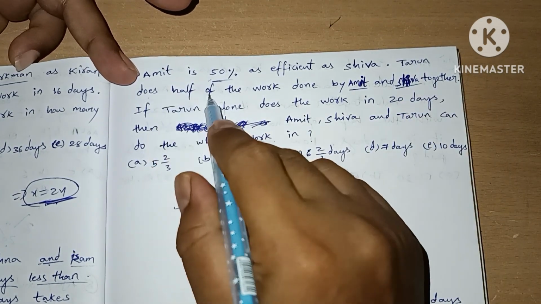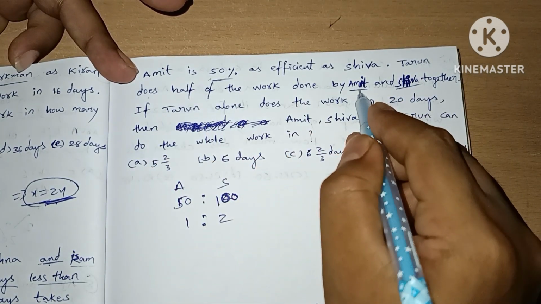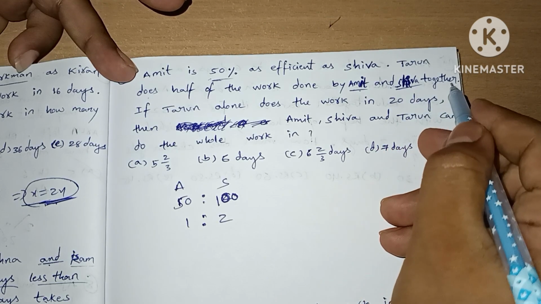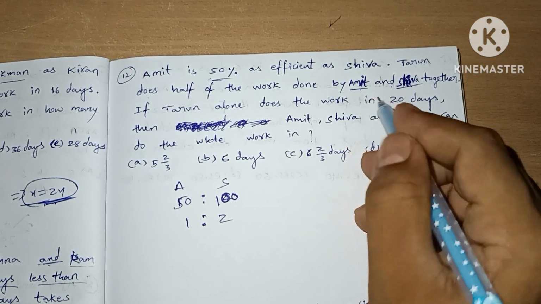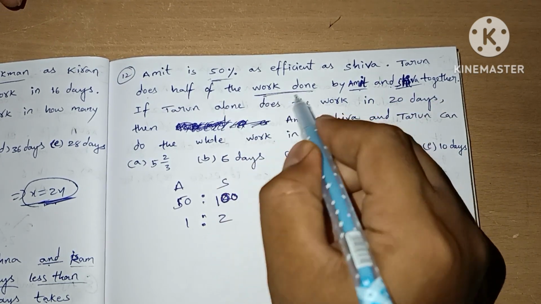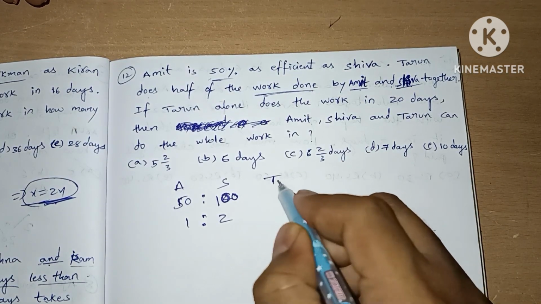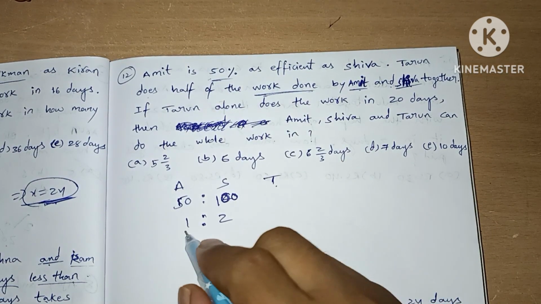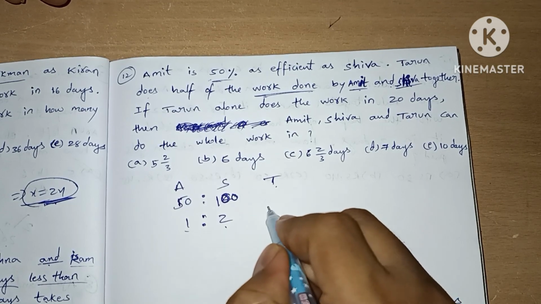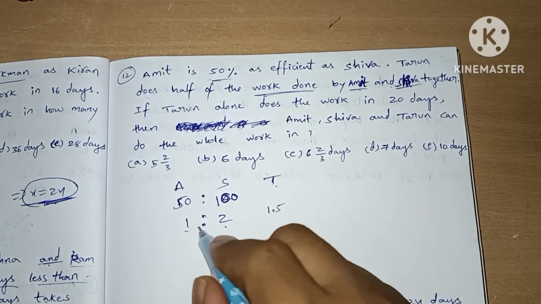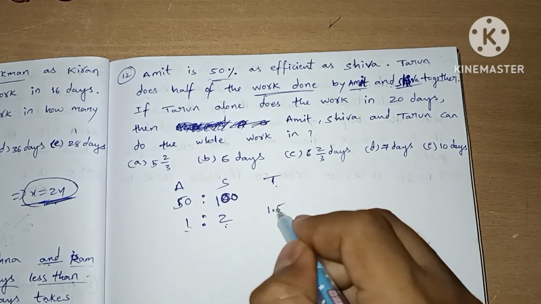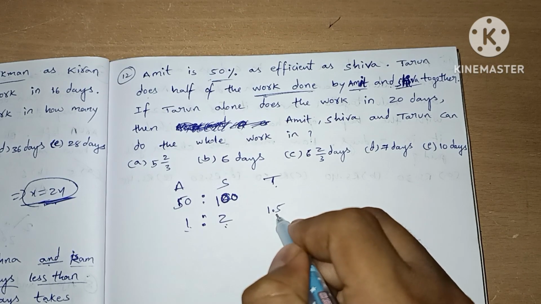Tarun does half of the work done by Amit and Shiva together. Here, work done. So talking about Tarun doing half of these two, which means 1.5. These two will be 3, and half of 3 will be 1.5.